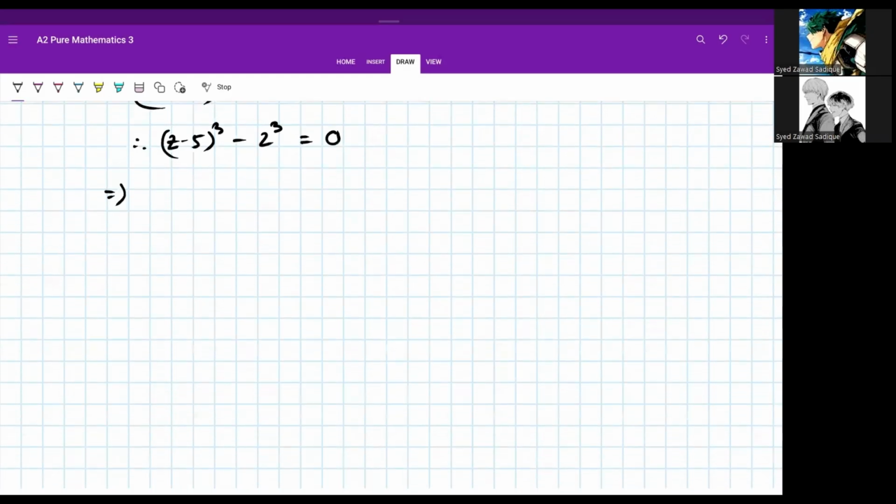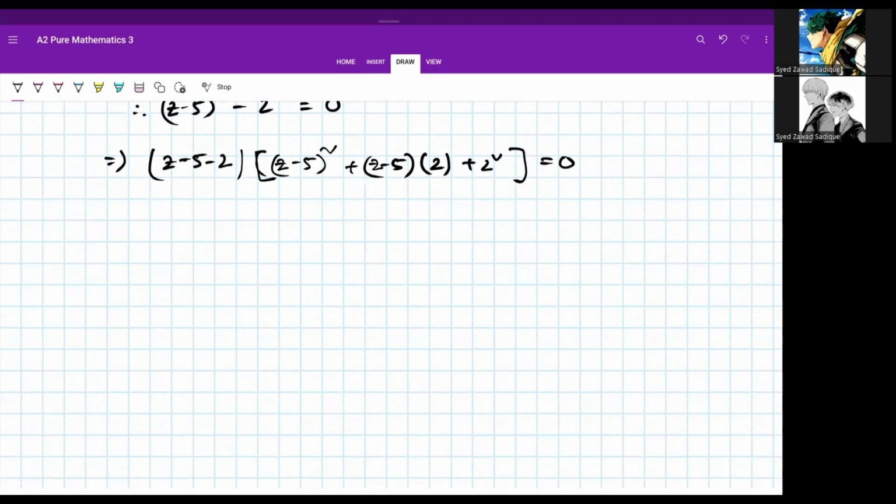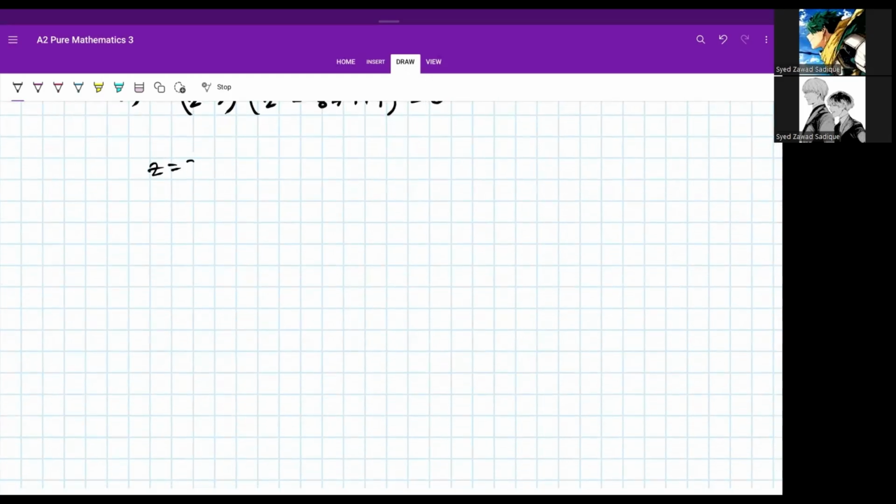Now we have to expand it. Z minus 5 minus 2, and z minus 5 whole square plus z minus 5 times 2 plus 2 square is equal to 0, which becomes z minus 7 and z square minus 8z plus 19 is 0. Z is equal to 7.